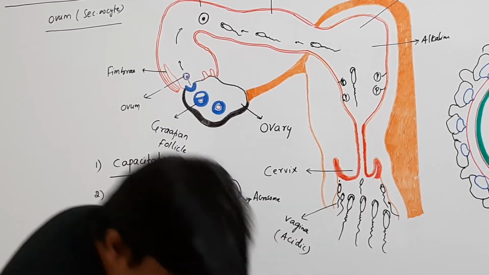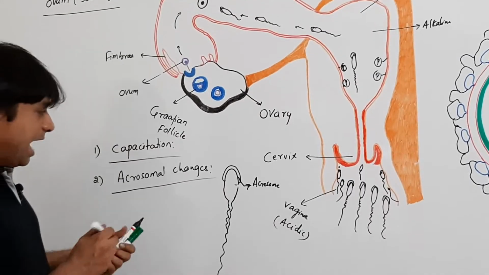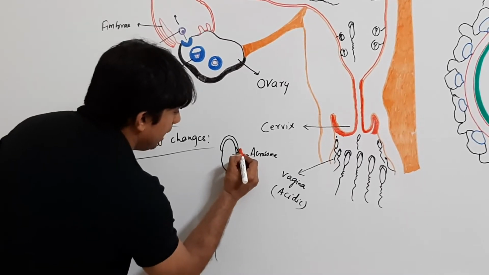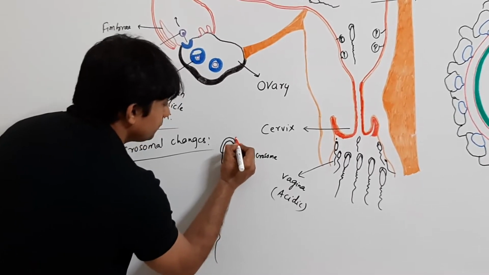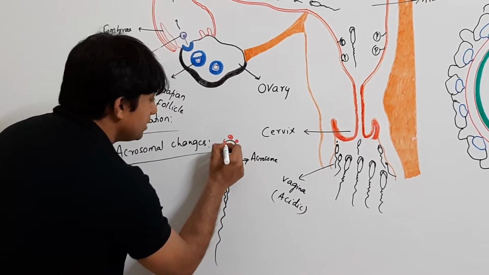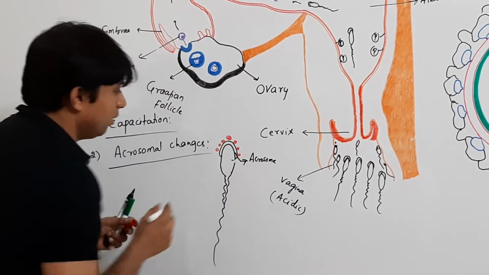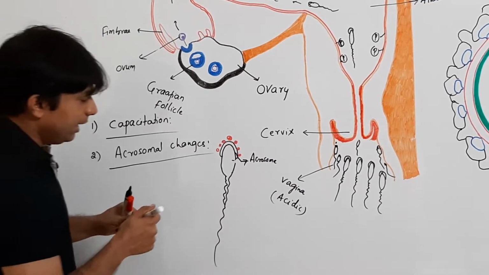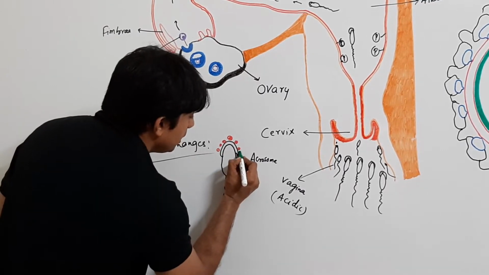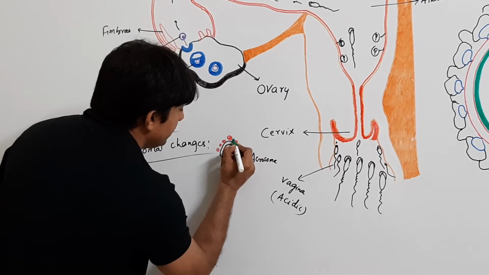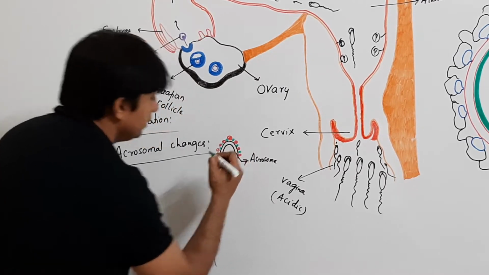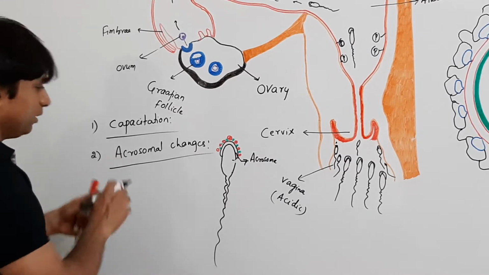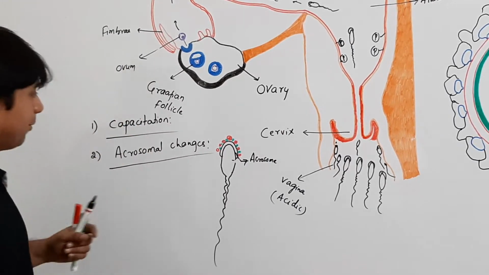Now, once the sperms are released, this acrosome is surrounded by specific glycoproteins. Along with glycoproteins, there are some green things, which I'm marking as cholesterol.